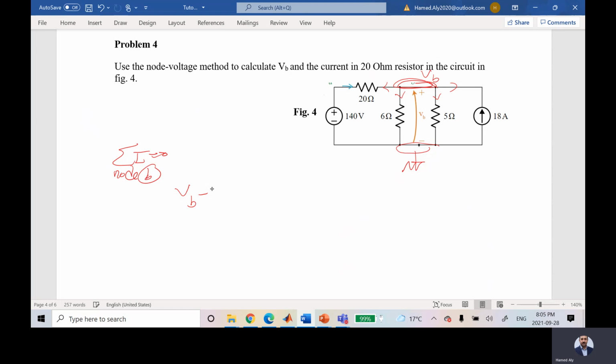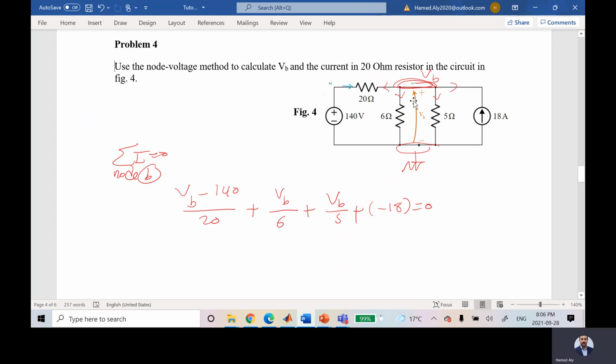So VB minus 140 over 20 plus this current, which is VB over 6, plus this current, which is VB over 5, plus this current. Rui, what is this current? It's minus 18, yes. So minus 18, like what you said.